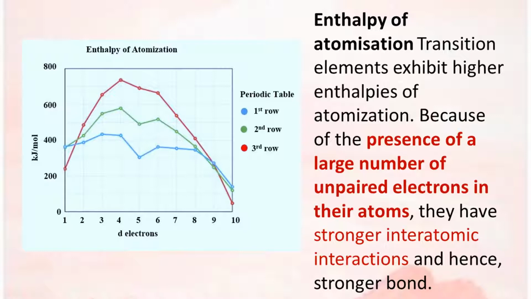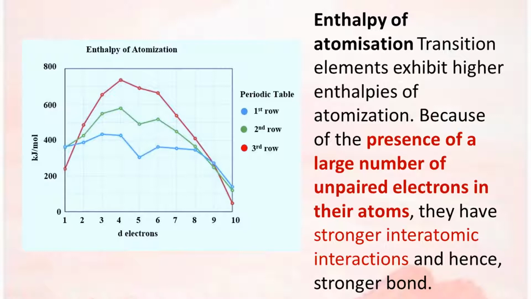This phenomenon can be explained on the basis that (n-1)d, that is the penultimate d subshell, and the ultimate s subshell electrons have almost the same energy.